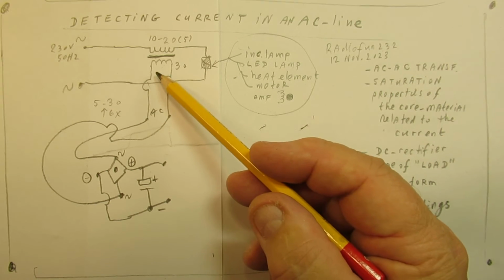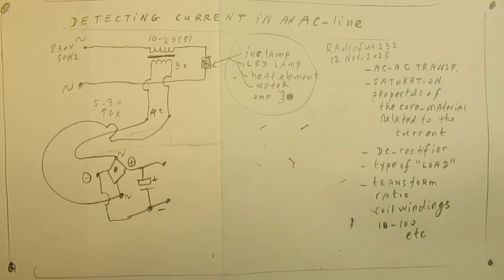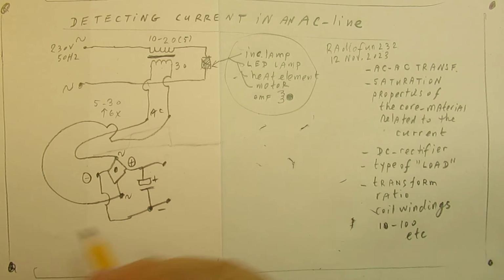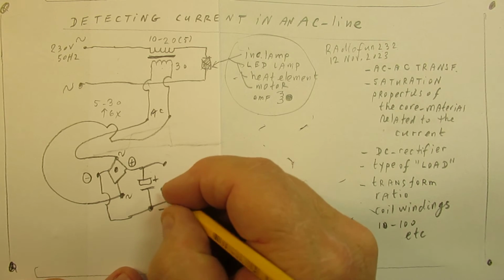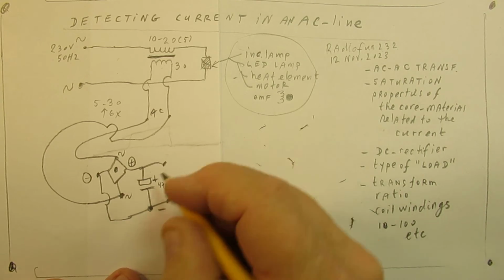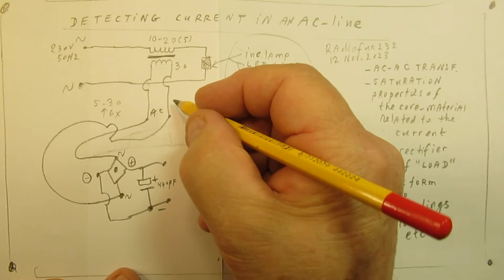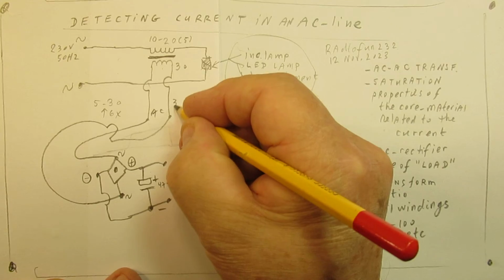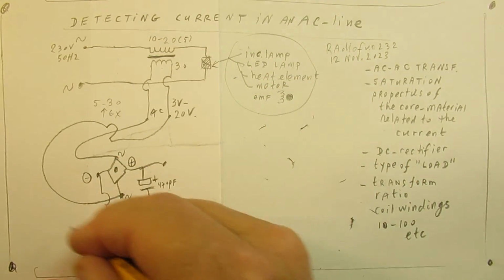When that voltage is high, you need a bridge rectifier and of course also a capacitor that can handle that voltage. So say we have here a capacitor of 450 microfarad, only an idea. We have here an AC voltage that changes between say 3 volts AC and 20 volts AC, and we rectify it.